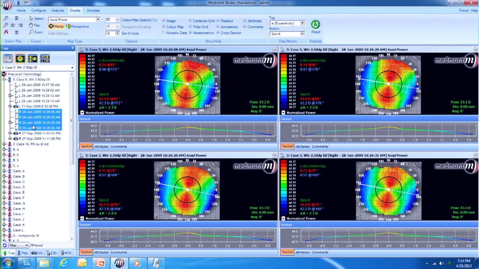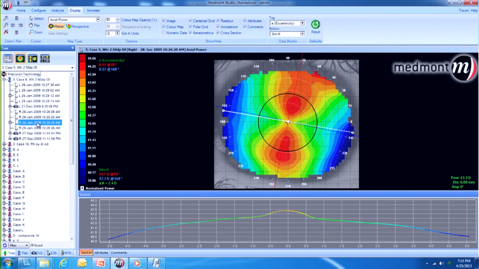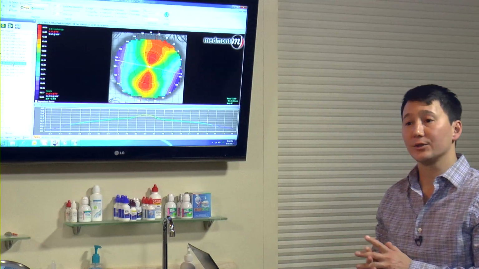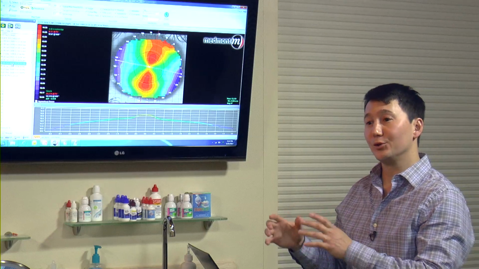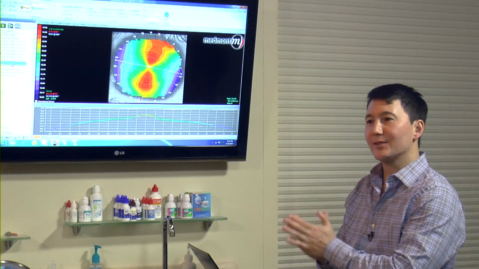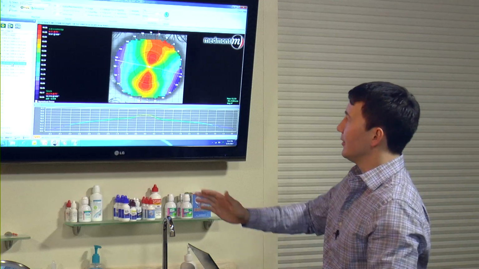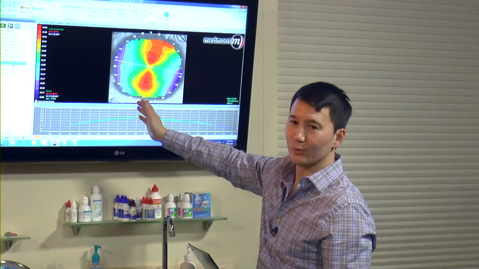They look so similar. So let's pull up one single topography. And what do you see? This is an axial interpretation. You see your axial power selected here. And what did we say axial is good for? Axial tells you refraction. So how does the anterior surface shape of the eye contribute to vision? And this is certainly our with the rule astigmatism.